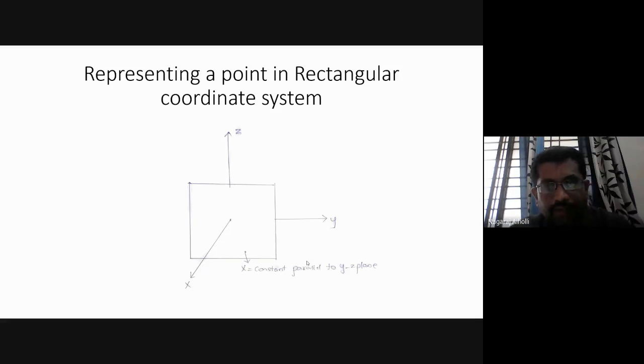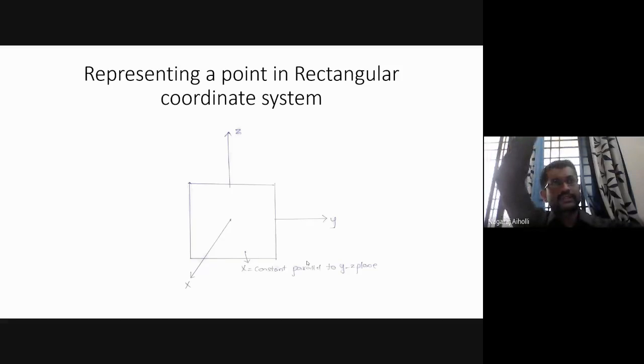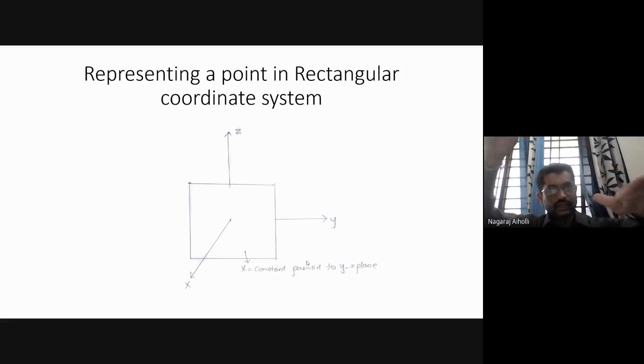Try to visualize here, the x plane. The corners of a room, the sides of a room: x, then we have y, then we have z, the three sides of a corner of a room. So what is your x here, students?